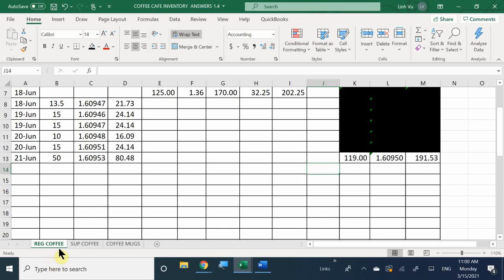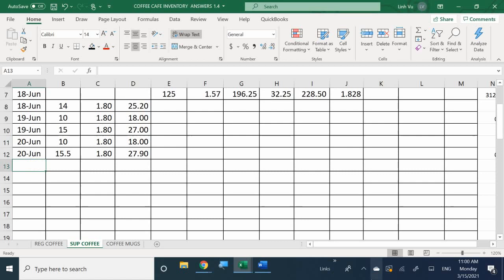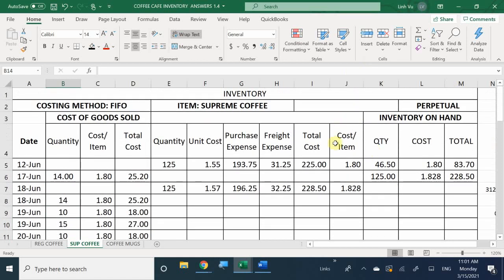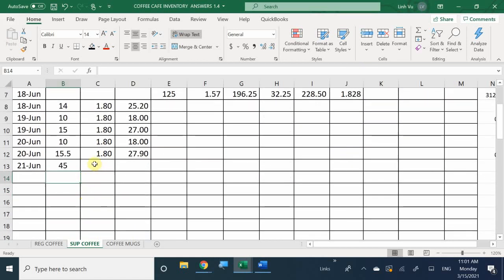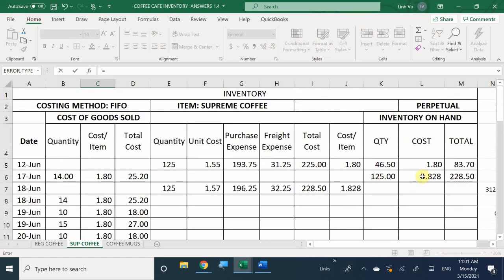All right. Now let's go to our Supreme coffee. How many pounds did we sell of our Supreme coffee? We sold 45. Let's take a look. Do we have 45 left in our first batch? Yes, we have the perfect amount. At what cost am I going to sell?